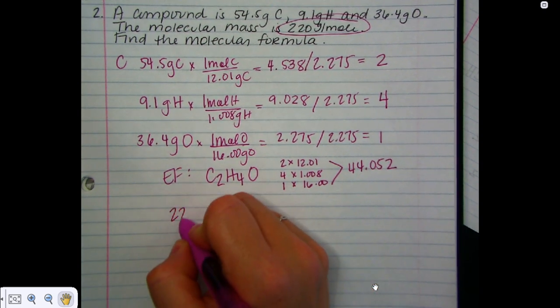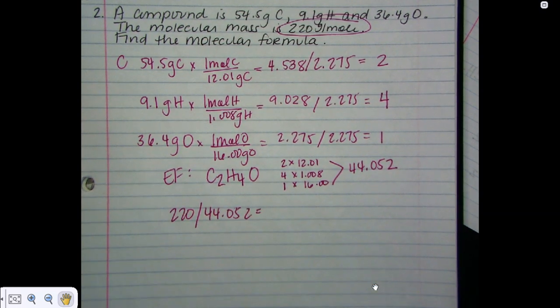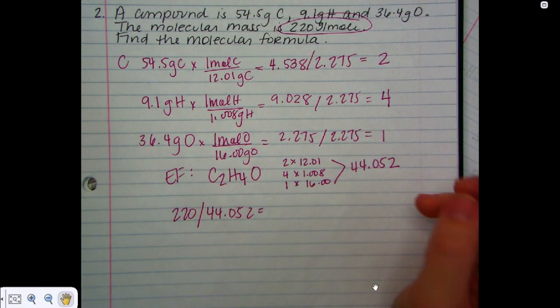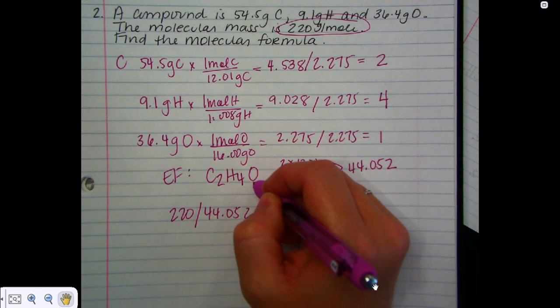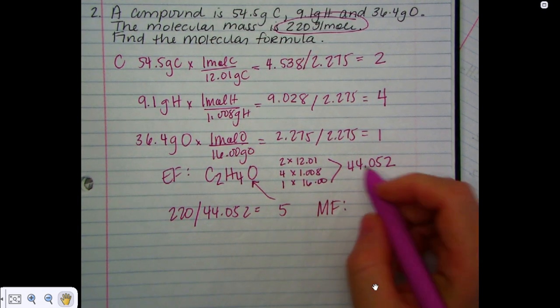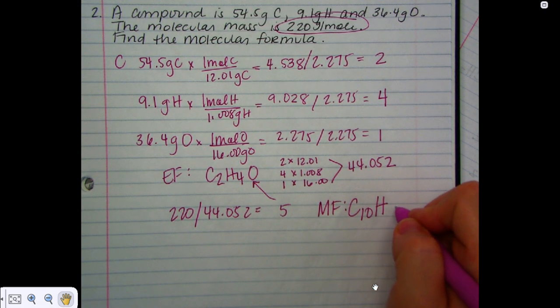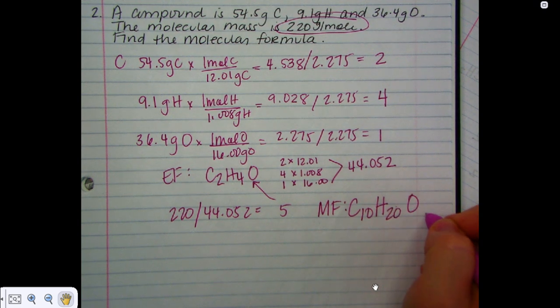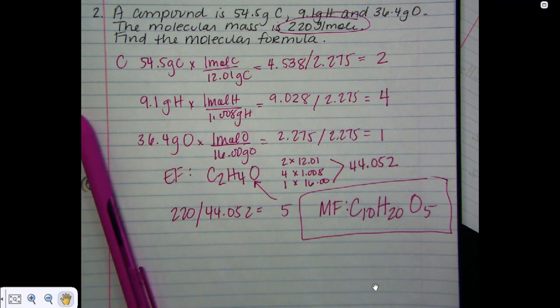So 220 divided by 44.052 is 4.99, so 5. That means my multiple is 5. So I'm going to multiply my empirical formula by 5 to get my molecular formula. C, 2 times 5 is 10, H, 4 times 5 is 20, and O, 1 times 5 is 5. C10H20O5. All right, go forth, find formulas.